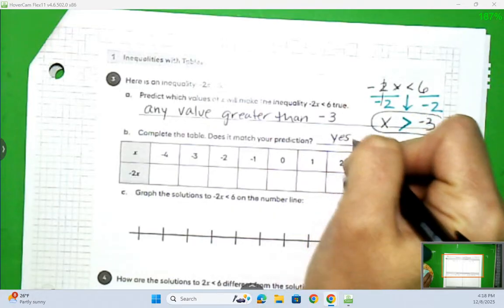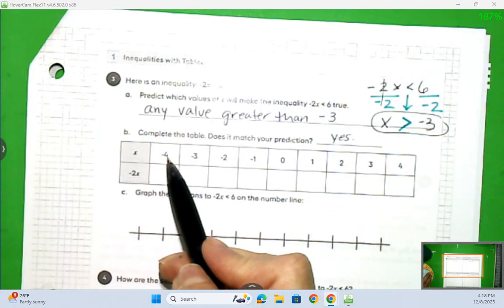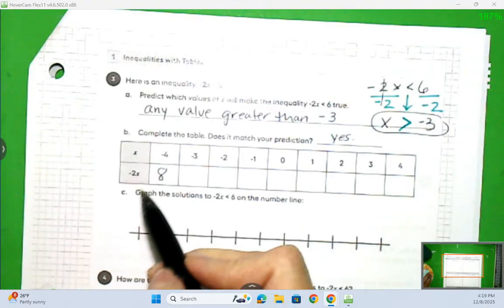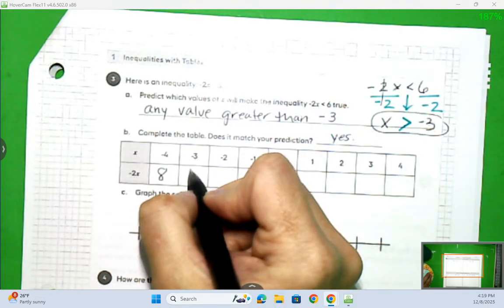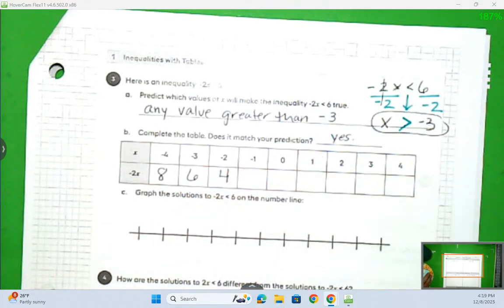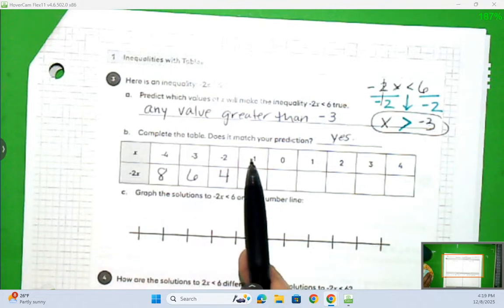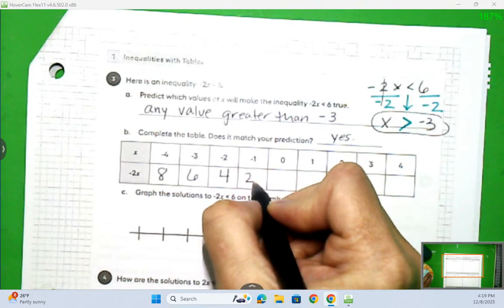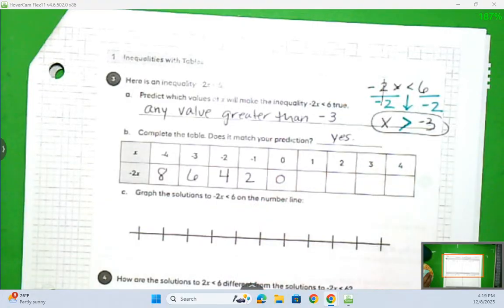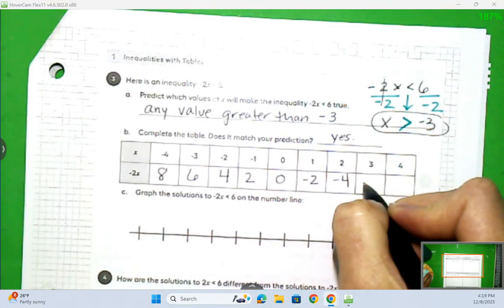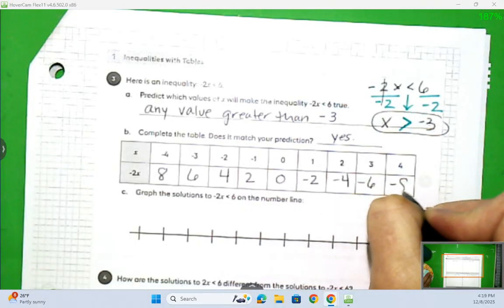We're going to say yes here. -2 times -4 is +8. -2 times -3 is +6. -2 times -2 is 4. -2 times -1 is 2. Then we have 0 times anything is 0. 1 times -2 is -2, -4, -6, and -8 respectively.